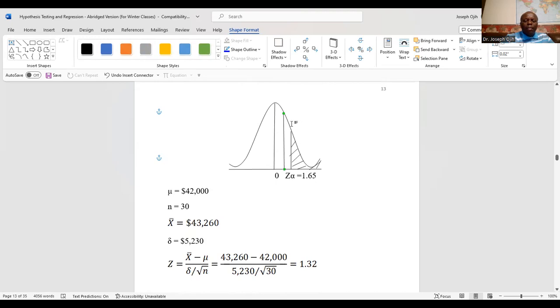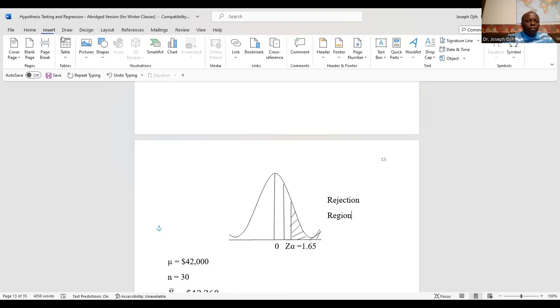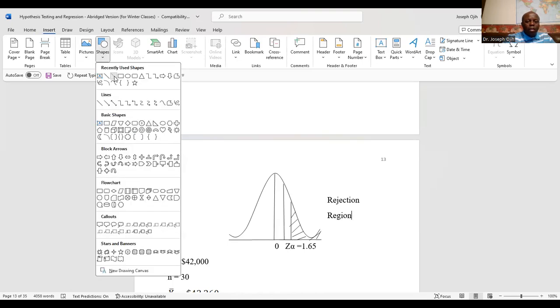Remember, I believe I mentioned it already, that our rejection region is going to be somewhere here.